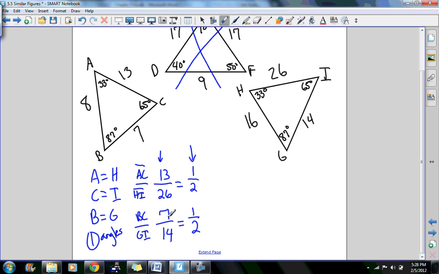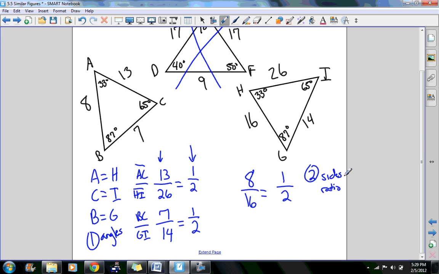And so we're hoping that that last side, 8 over 16, ends up simplifying down to 1/2. And it does. Therefore, part 2, sides, or I'll frequently write this as the ratio or scale factor, is all the same. Therefore, we have similar triangles.